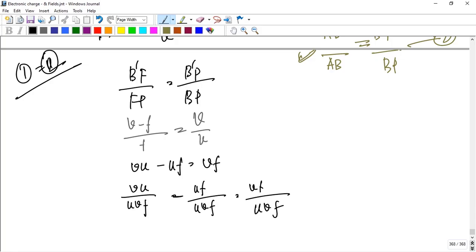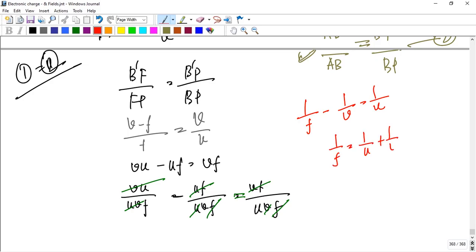Now UV cancels, UF cancels, and VF cancels. So we get the final expression: 1 by F minus 1 by V equals 1 by U. So 1 by F equals 1 by U plus 1 by V. That's the final expression, and this expression is very, very important. That is called the mirror equation.